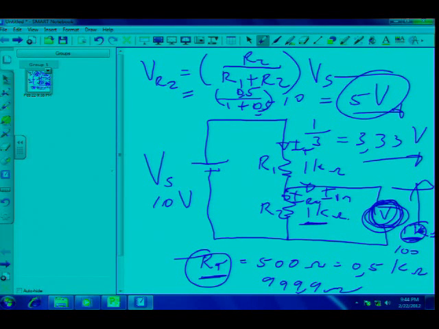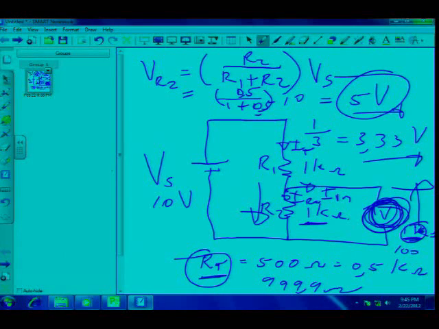Okay, so what happened here, if that internal resistance of the voltmeter wasn't high enough, then it loaded the circuit, meaning that the current is flowing in that direction, which I don't want. I don't want the current to flow through there. I want the current to flow through R2. Okay, so that is the loading effect.